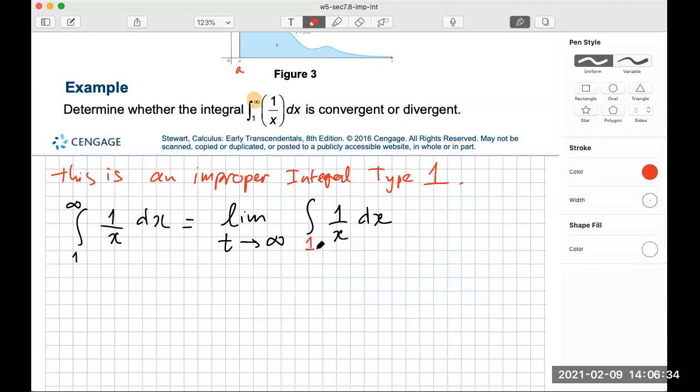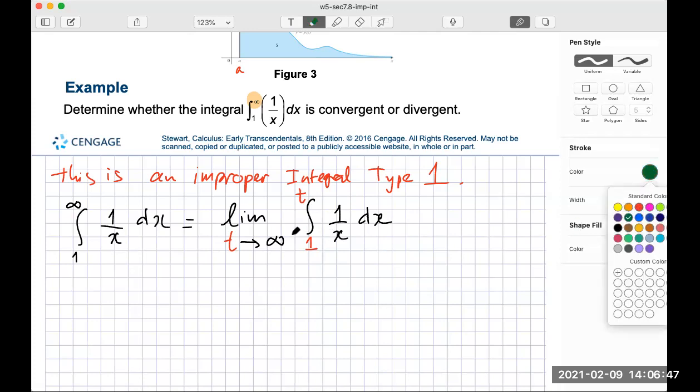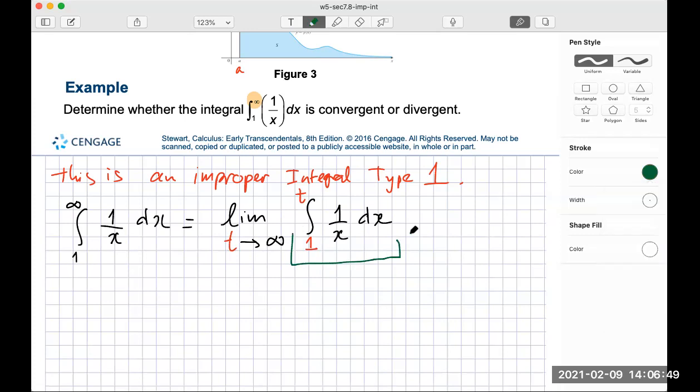Very good, from 1 to t. Remember, in order to do this, let us compute the integral first and take the limit later.